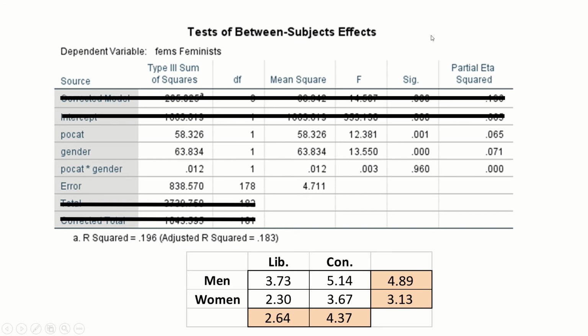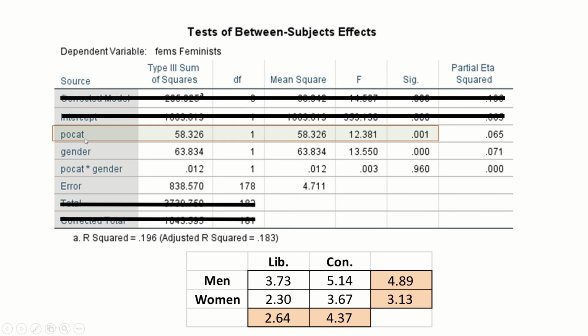And then we're left with four rows: a row for political orientation, a row for gender, a row for the interaction term, and our error row.